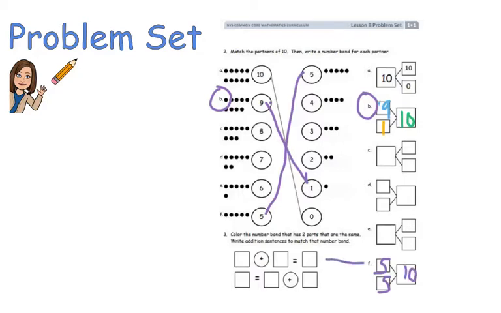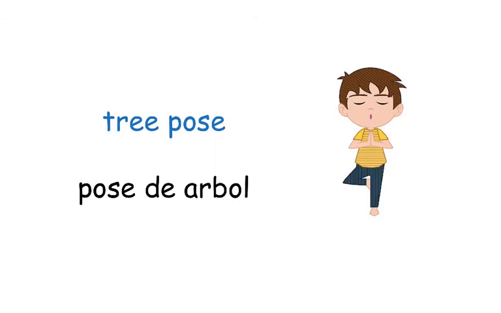So now we need to put that into these equations here. But we need to be careful because on the second one they have the equal sign first. So the total has to go first, not the parts. So go ahead and fill in your equation. And then when you're done, you can do some breathing and some moving in the tree pose.